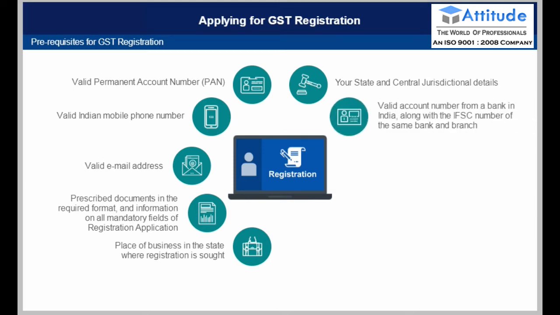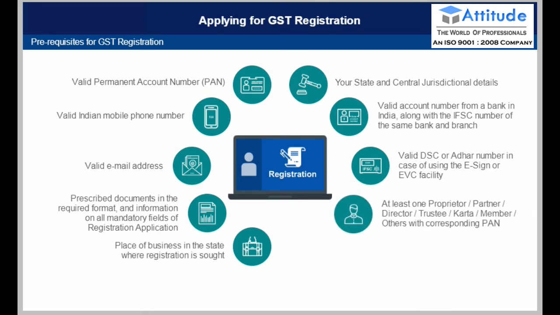A valid account number from a bank in India along with the Indian Financial System Code IFSC number of the same bank and branch. A valid digital signature certificate DSC or Aadhaar number in case of using the e-sign or electronic verification code EVC facility.